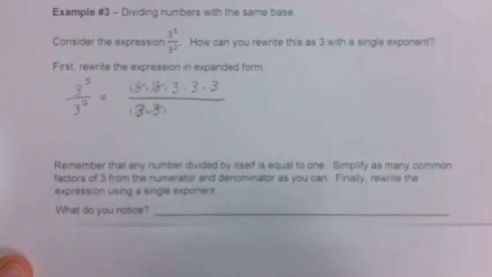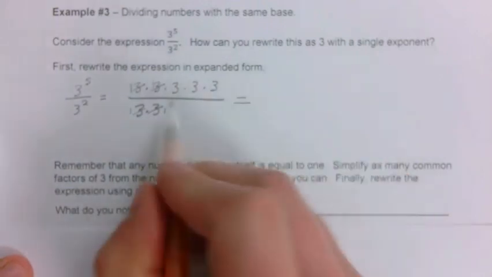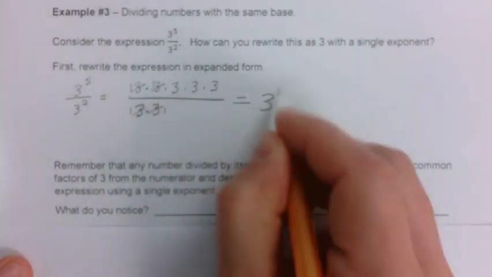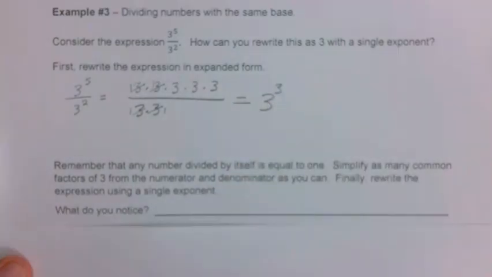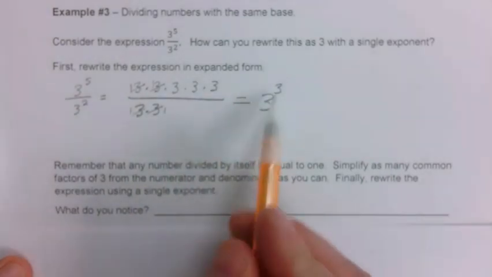Okay. Finally, rewrite the expression using a single exponent. In this case, I can't factor out any more 3's because I don't have any more 3's in the denominator. So now, if I look at my numerator, I still have 3 3's, which means it's equal to 3 to the third power. 3 to the 5th power divided by 3 to the 2nd power equals 3 to the third power.